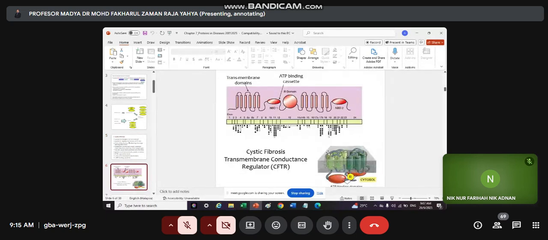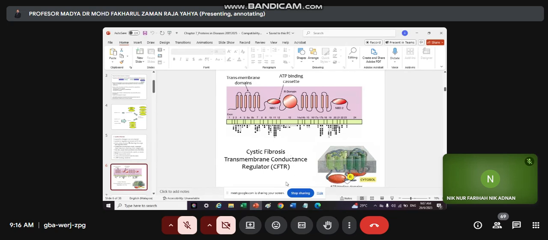Okay, cystic fibrosis disease is caused by mutation in CFTR, cystic fibrosis transmembrane conductance regulator. Its name is quite long, so it is the causative factor of cystic fibrosis.